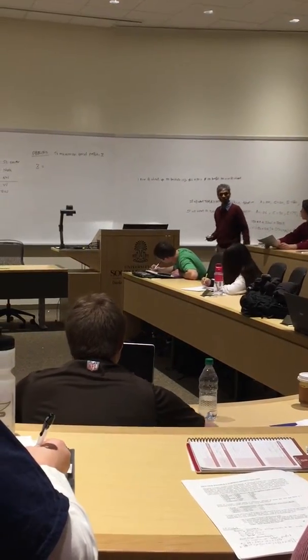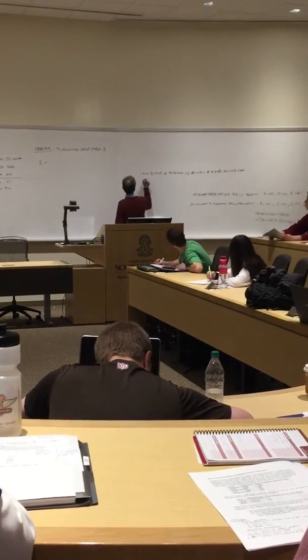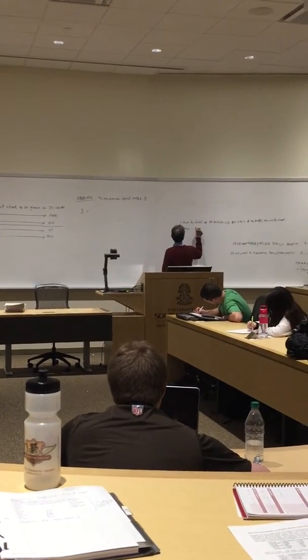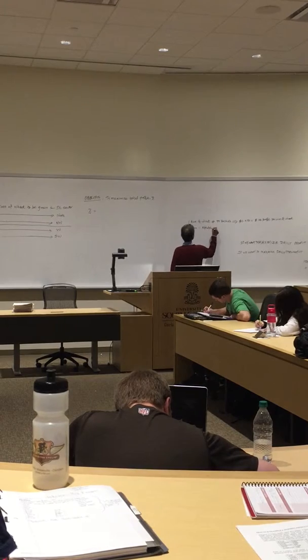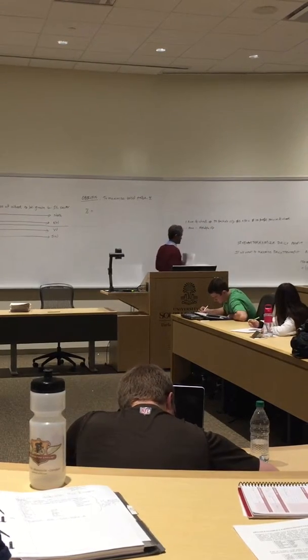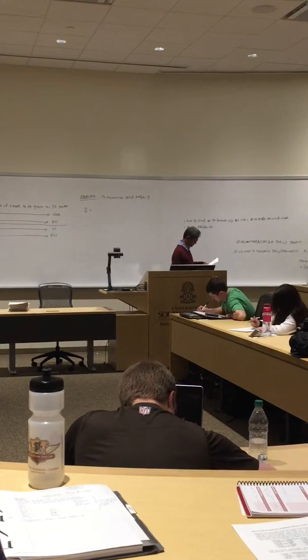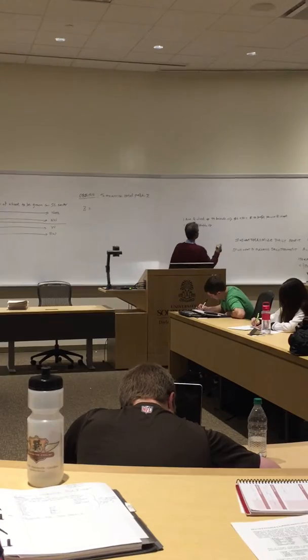Correct? Okay. By the same token, can you tell me 1 acre of alfalfa? I have spelled it wrong, but that's okay. $1.5 tons, right?